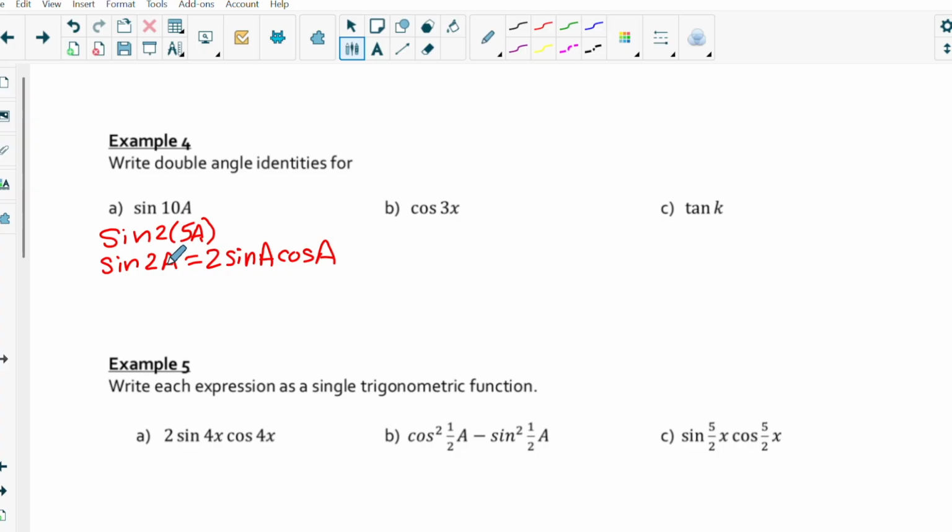Instead of an a, I have a 5a, so I'm just going to plug in 5a. So sine of 2 times 5a equals 2 sine of 5a cosine of 5a. And that's how to write a double angle identity.